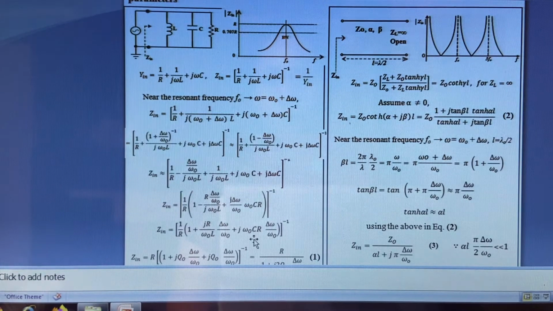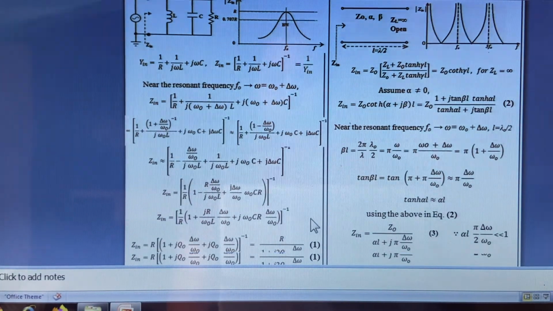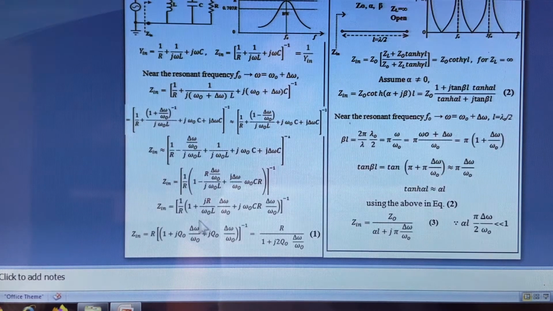Further rearranging, we get this equation, and writing this as R by j omega naught L, and this is j omega naught C R delta omega by omega naught.